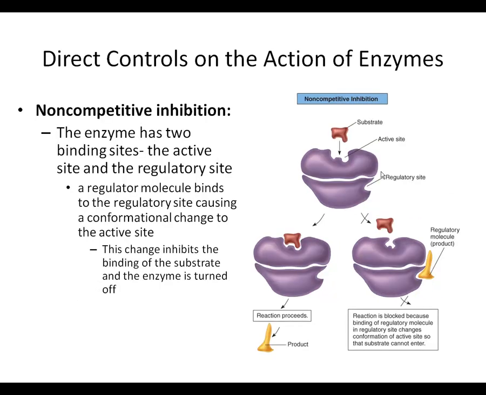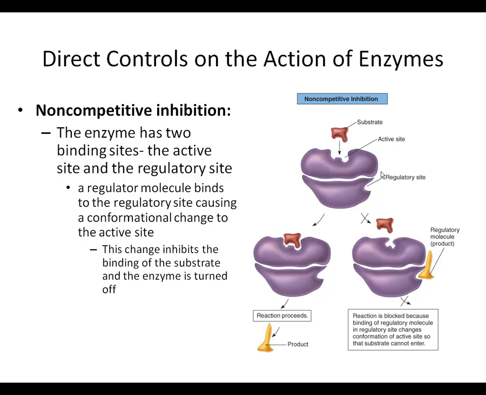Non-competitive inhibition is much like competitive inhibition, where we're going to stop the production of a product, but it happens in a totally different way. Many enzymes have 2 binding sites. One is the active site and one is the regulatory site. That regulatory site will be an area where a regulator molecule binds, and when it does that, it causes a conformational change in the shape of the active site.